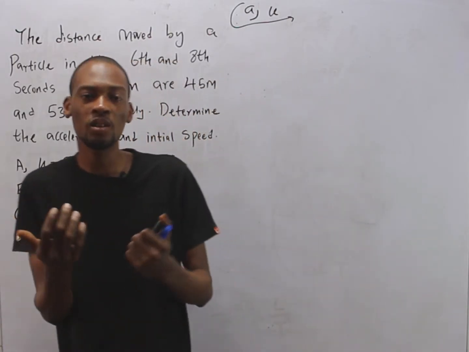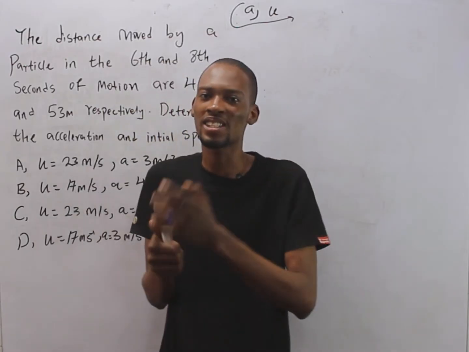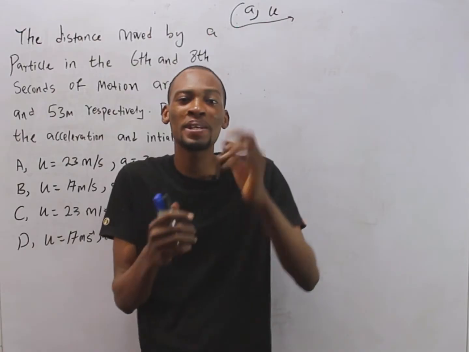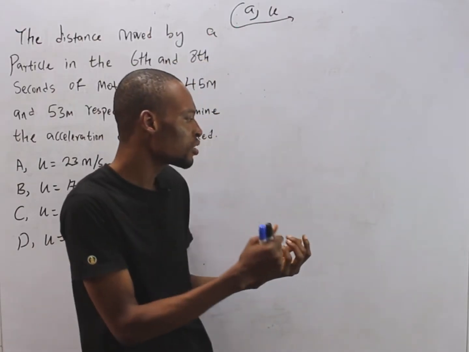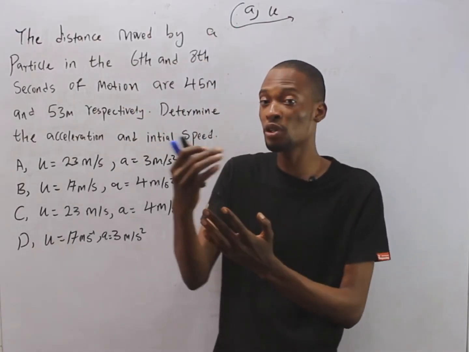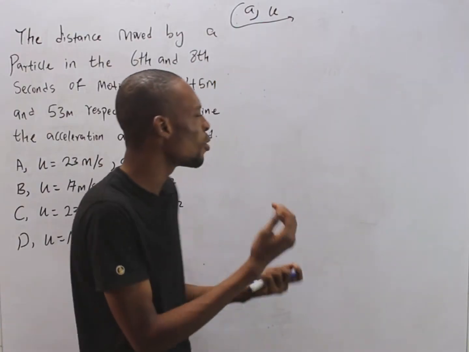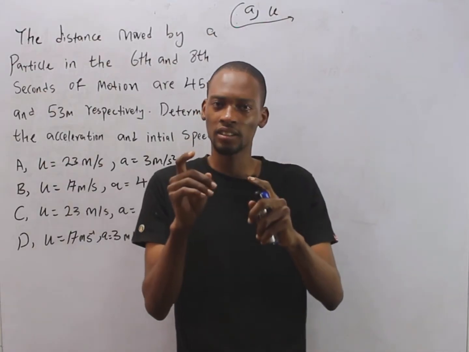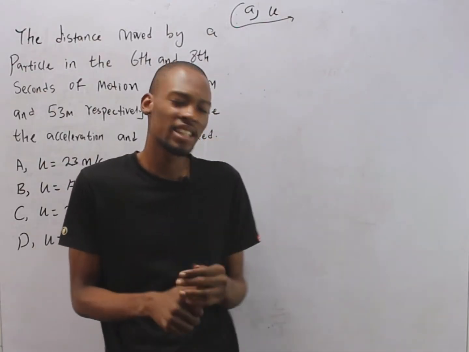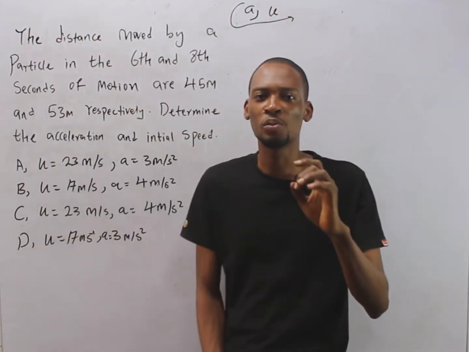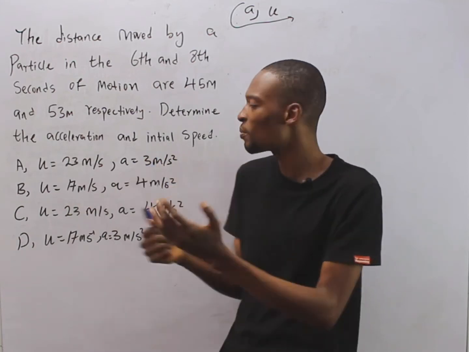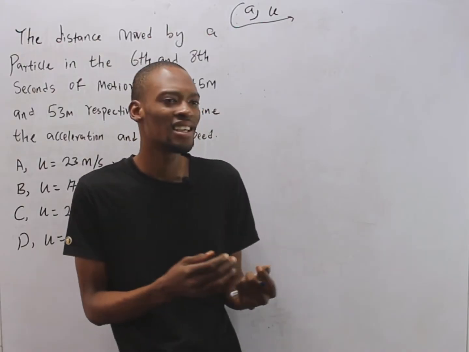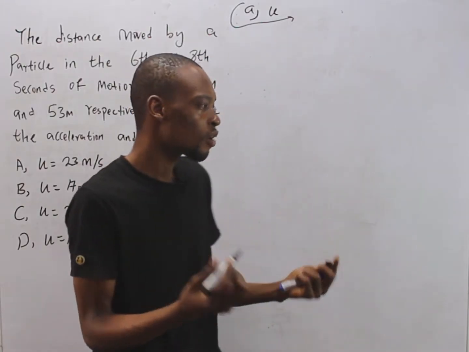From Newton's laws of motion, the first law states that a body at rest will continue to be at rest, and if in motion, will continue in that state of motion until it is acted upon by a force. That is the law of inertia. And the second law states that the rate of change of momentum of a body is proportional to the force applied and takes place in the direction of the force.